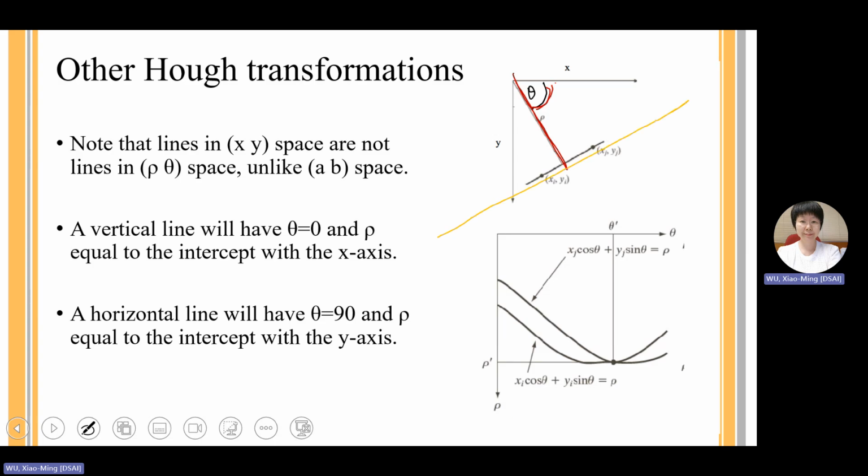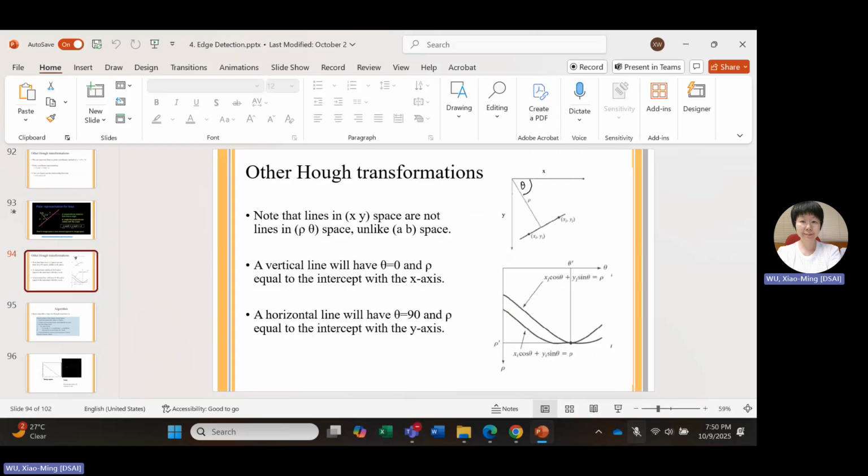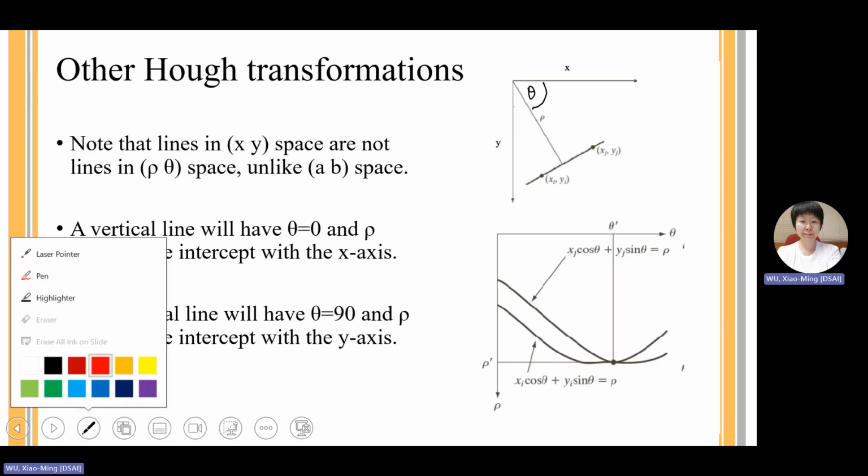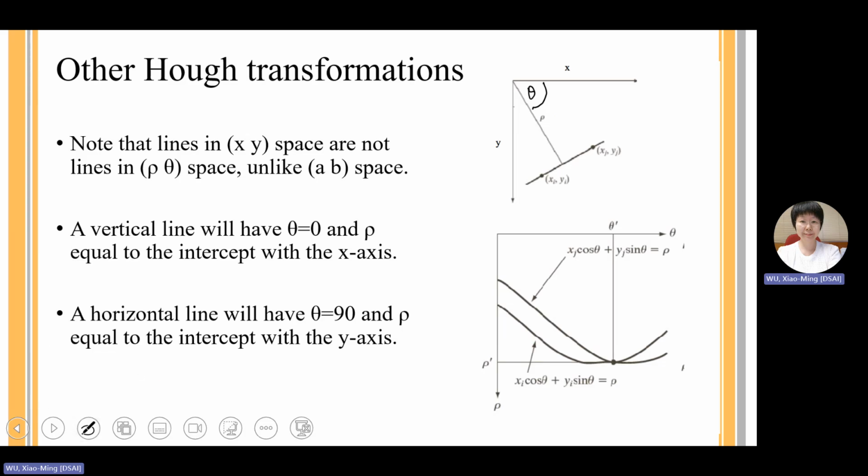This is our line, and we represent this yellow line using the normal vector and the angle between it and x. So we represent this line using theta and rho.